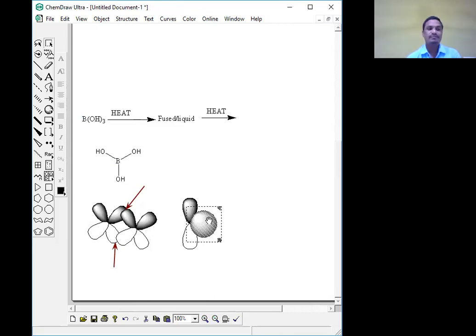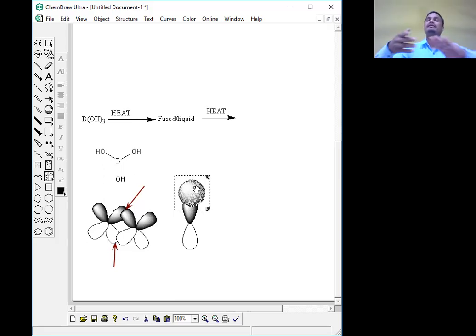Actually, this type of overlapping is not possible. But when an s orbital overlaps with a p orbital, that again forms a sigma covalent bond. That is again the head-to-head, axial overlapping, and hence this forms a sigma covalent bond. Therefore, the second option is again incorrect.